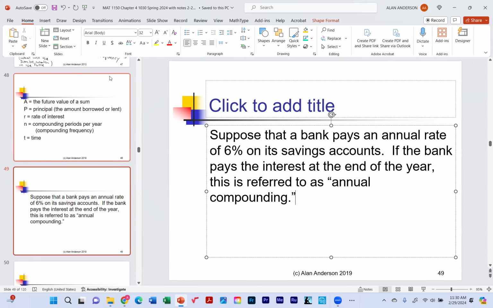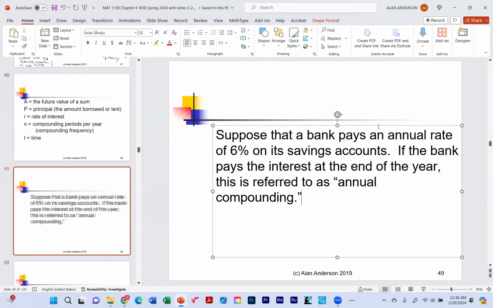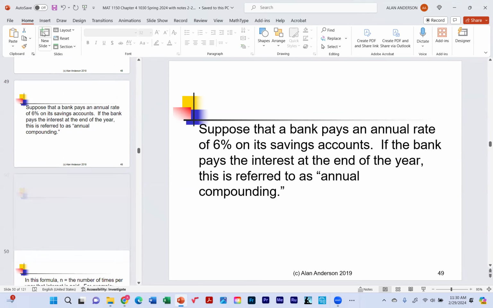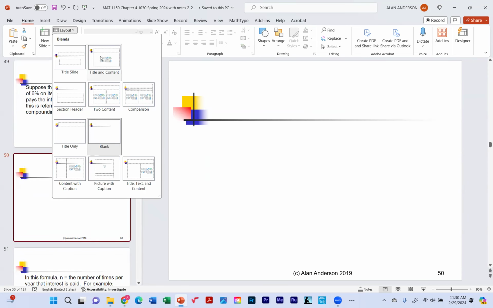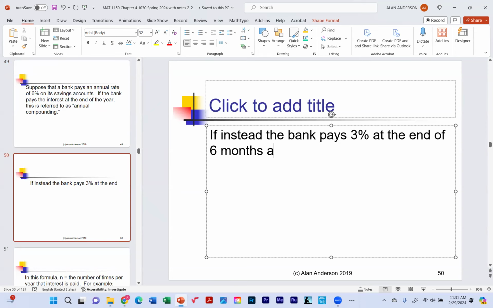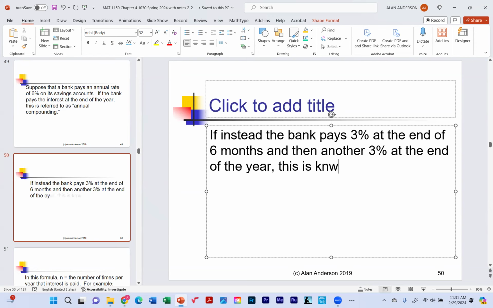But what if they do this? If instead the bank pays 3% at the end of 6 months, and then another 3% at the end of the year, this is known as semi-annual compounding.